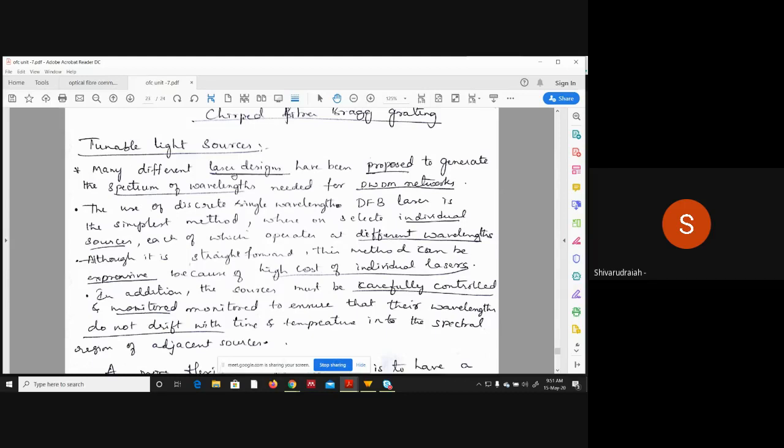So in that case, we require a highly coherent light coming out of the laser source, with a spectral width of say 0.8 to 0.5 nanometer. That must be the spectral width of the output of the laser source. So if that is the output coming out of the laser source, how do we achieve the tunable property with respect to that static laser source?